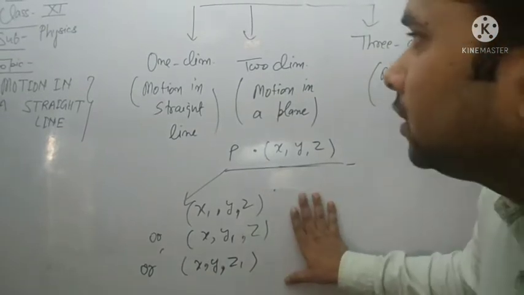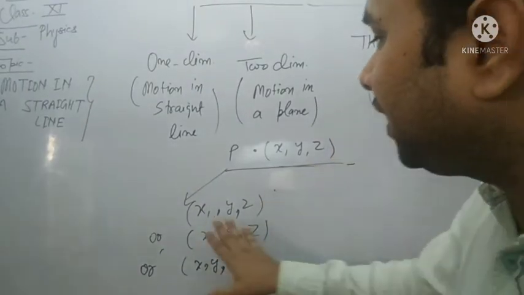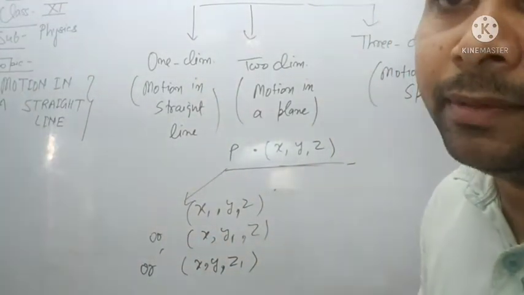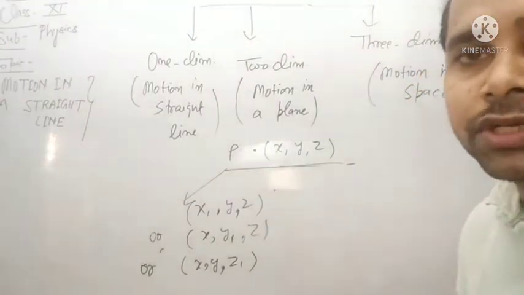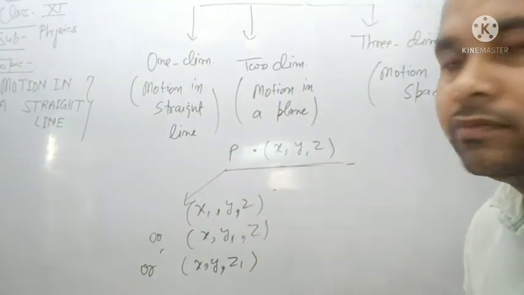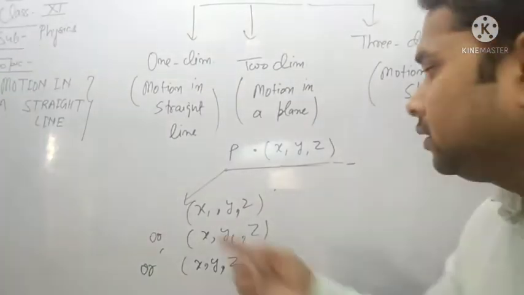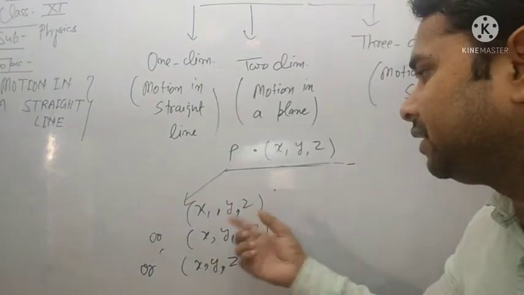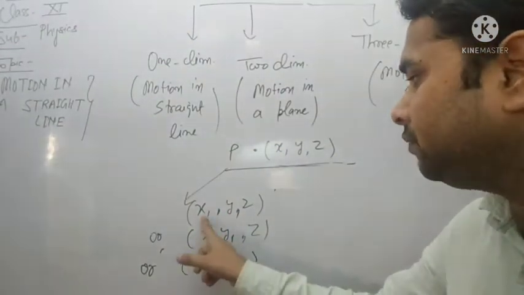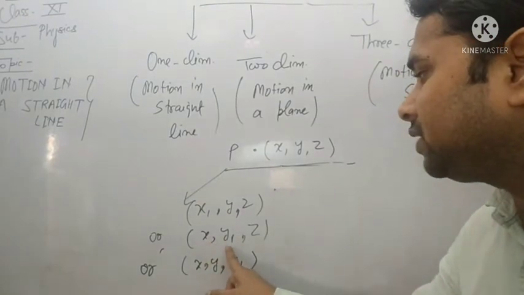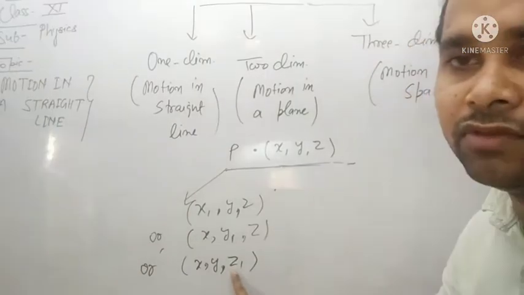It means that out of the three coordinates, if any one coordinate changes with time, then the body's motion is called one-dimensional motion. Clear? Out of three coordinates, any one, either x, y, or z. In the first example, x changes to x1, in the second, y changes to y1, and in the third, z changes to z1.